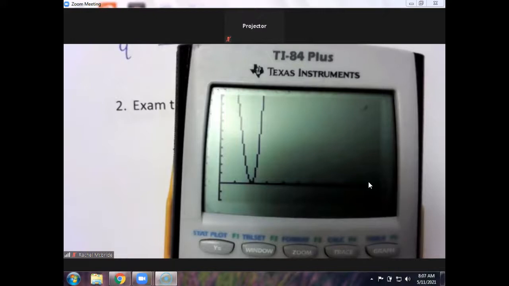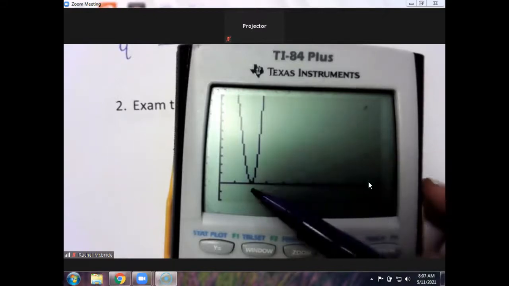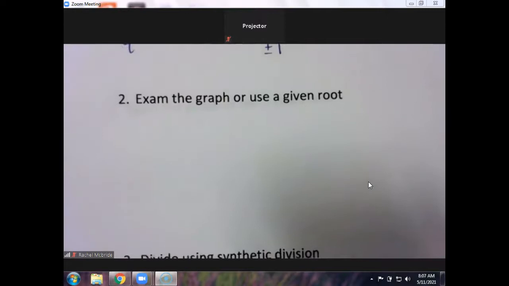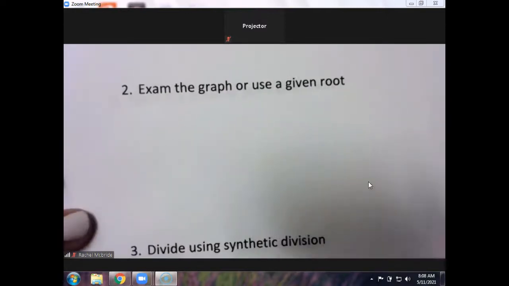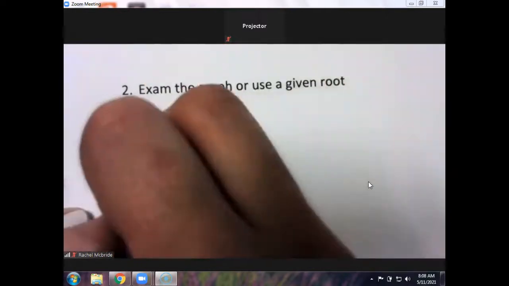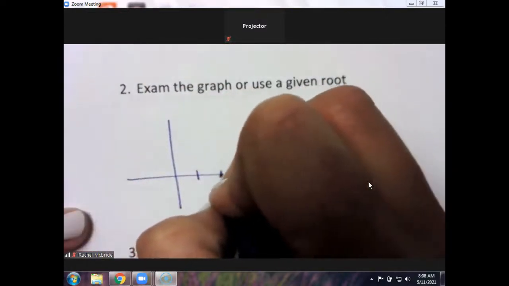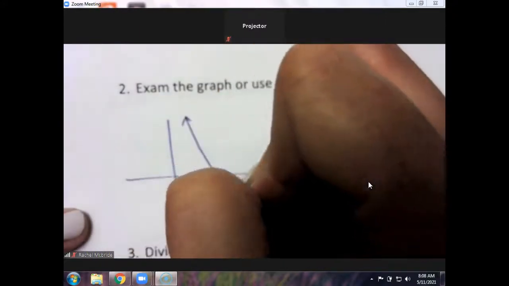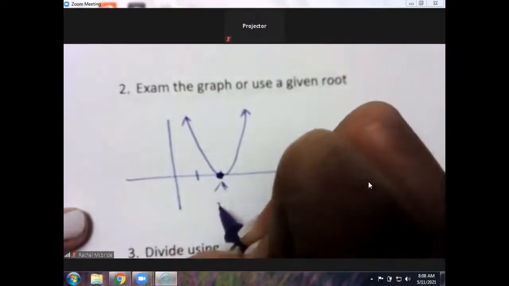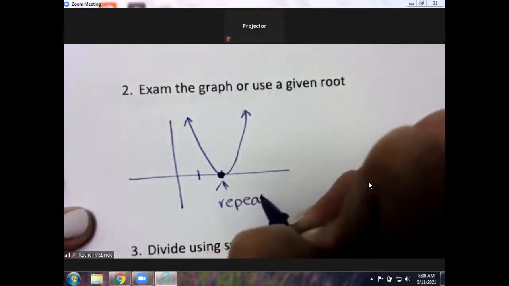And hopefully what you notice is that that is at positive 2. So according to my graph, I have a positive root at 2. It is what we call a repeated root.